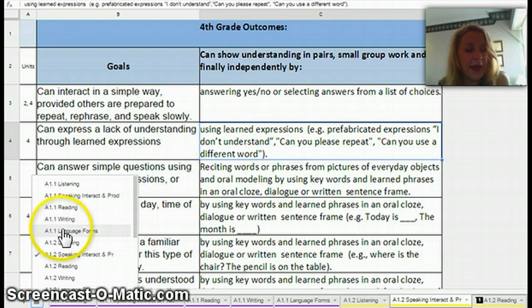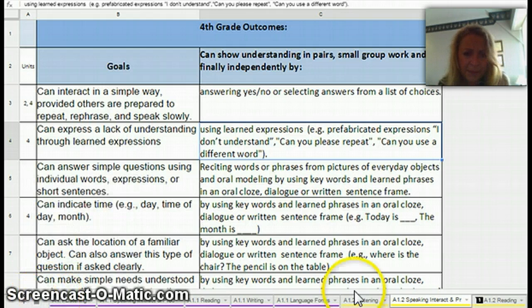So you'll see that in, let's say, for example, fourth grade, and this would be for speaking, speaking interaction, and production, a goal could be can interact in a simple way, provided others are prepared to repeat, rephrase, and speak slowly. Can show understanding by answering yes or no or selecting answers from a list of choices.